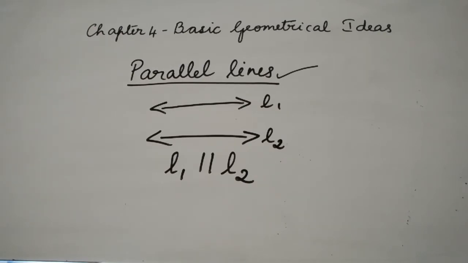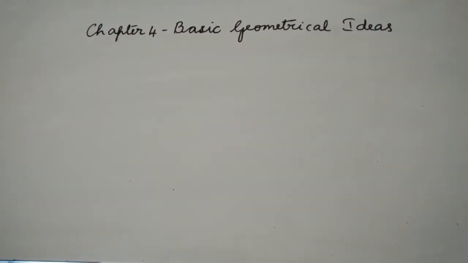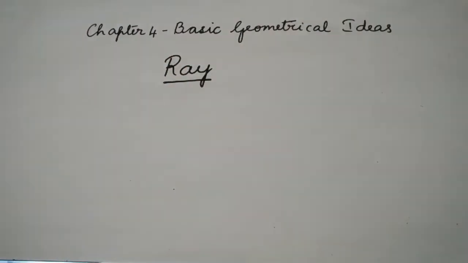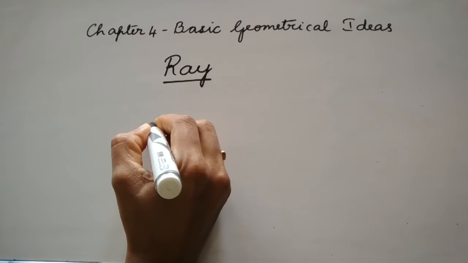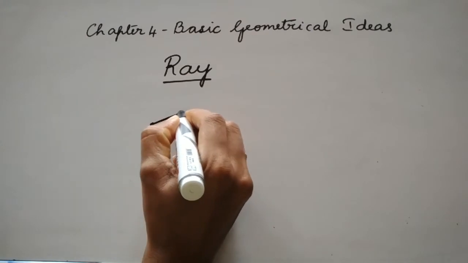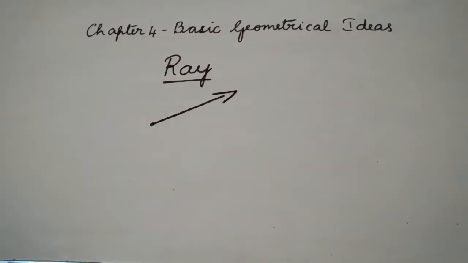Let us learn the last term, that is the ray. A ray is a portion of a line. It starts at one point, and this point is called the starting point or the initial point. It starts at one point and goes endlessly in one direction.